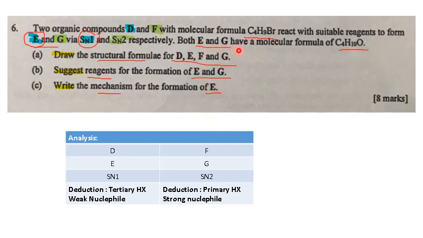Both E and G have a molecular formula of C4H10O. Based on this general formula, we can deduce that these are alcohols. So now I have to draw the structural formula for D, E, F and G, suggest the reagent for E and G, and then write the mechanism for the formation of E. D is most probably a tertiary haloalkane.